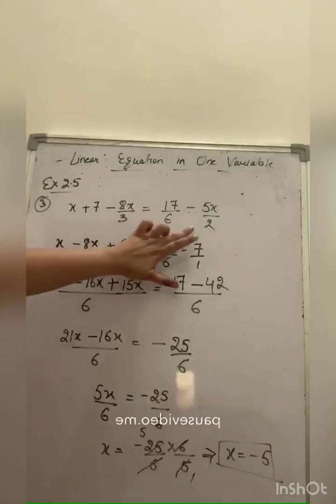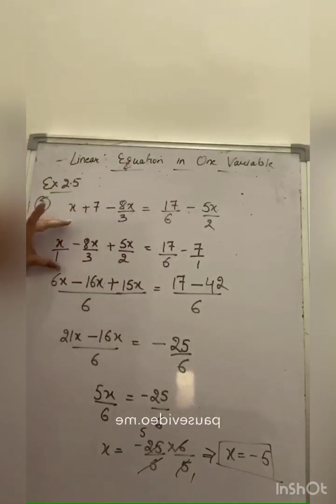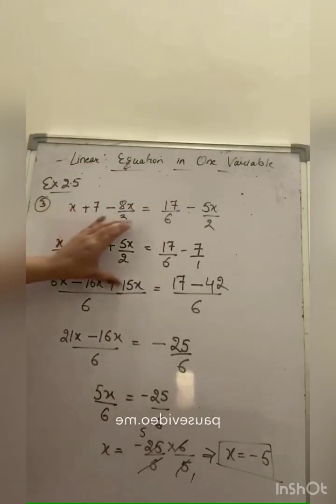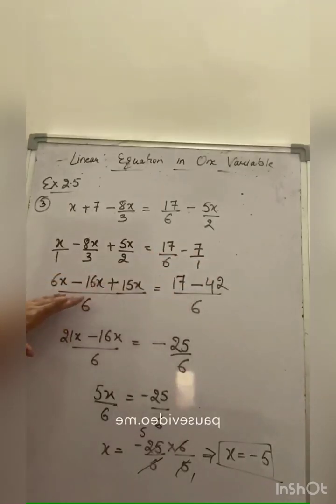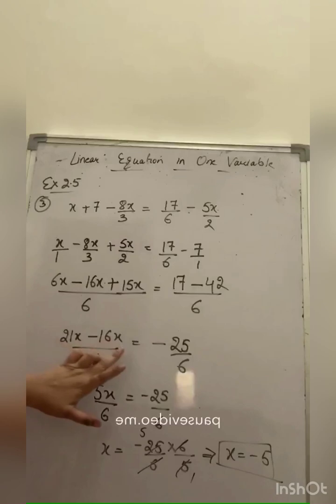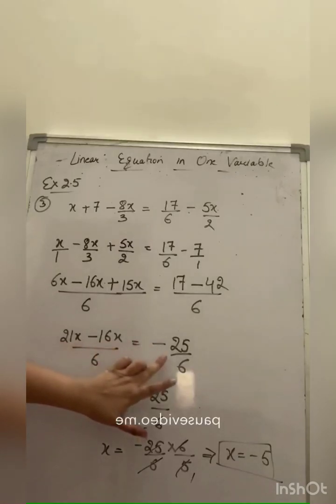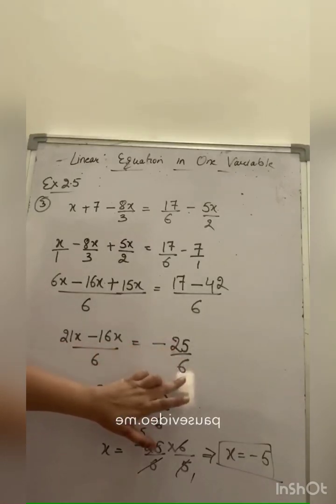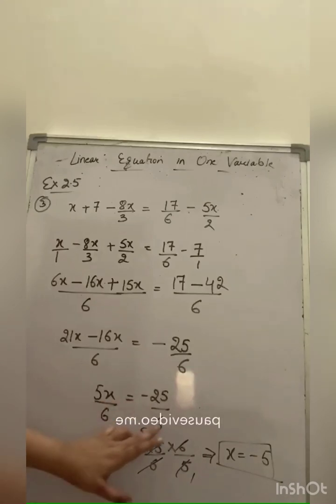The first step is to bring the terms containing x on one side and without x on the other side. Then by taking the LCM we get 21x minus 16x over 6 is equal to minus 25 by 6. Then after cross multiplication, we get the value of x as minus 5.